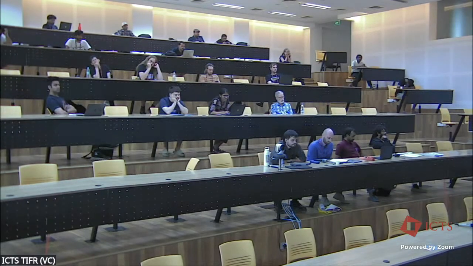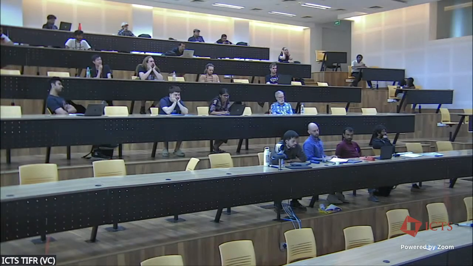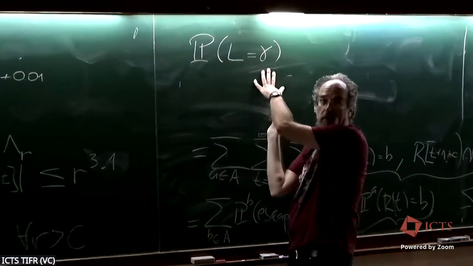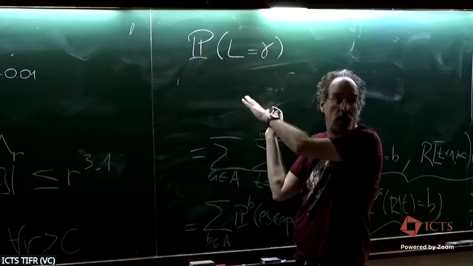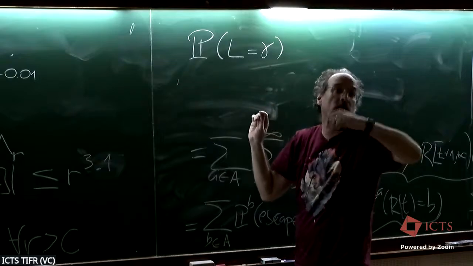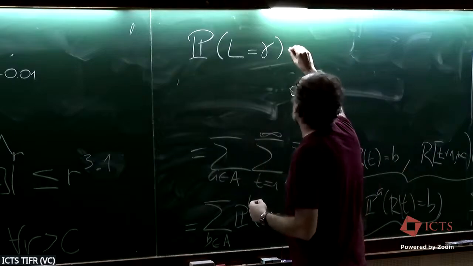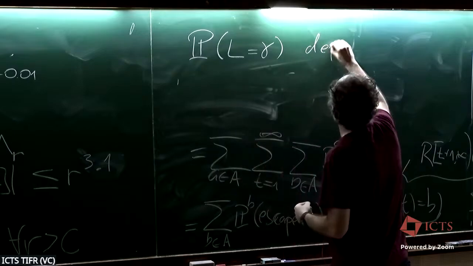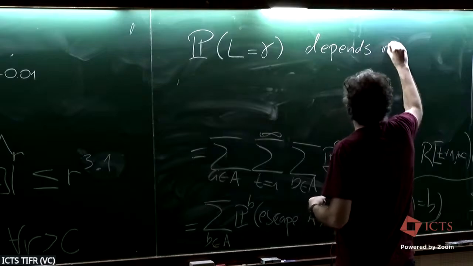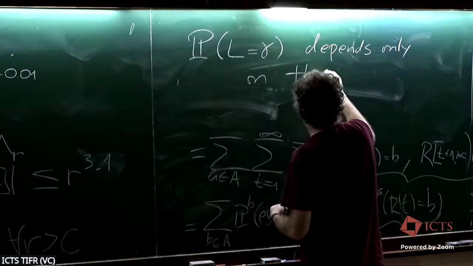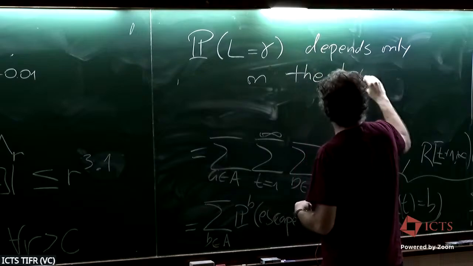So the probability that, let me denote it by L, linearly reinforced, is equal to some gamma. You have a gamma which is a fixed path, and you look at the probability that L actually traverses this gamma in order. It depends only on the trace of gamma. What do I mean?